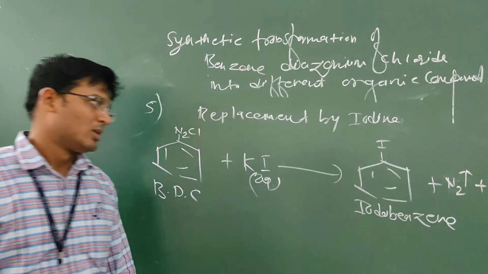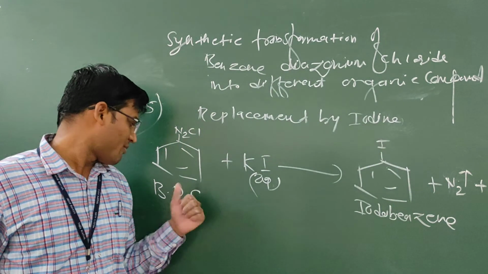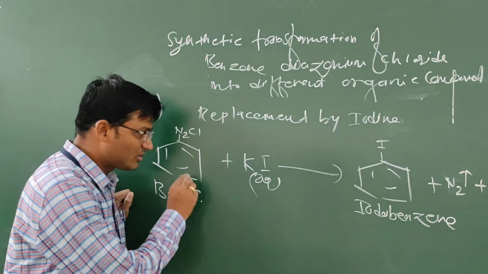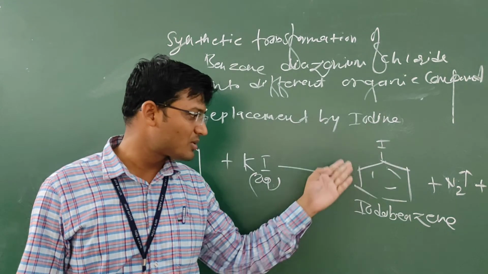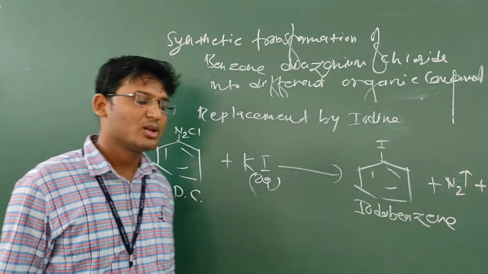Iodobenzene can be prepared from benzene diazonium chloride. When benzene diazonium chloride reacts with aqueous potassium iodide, it forms iodobenzene with the liberation of N2 and KCl.